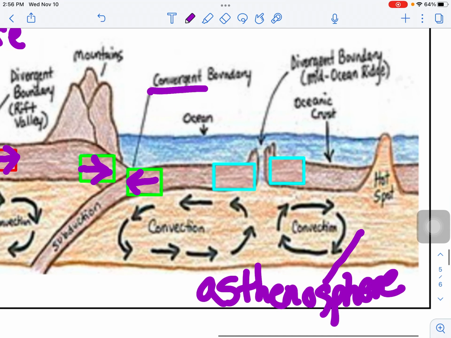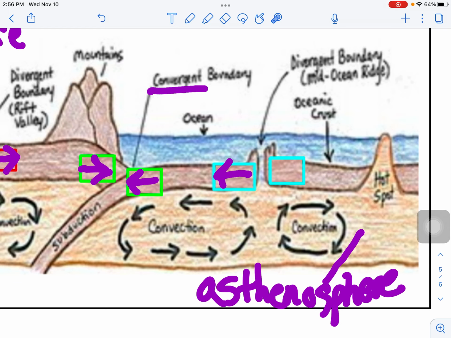Okay, taking a look at the next one. I know that this plate is moving up and over to the left. So I'm going to go ahead and put in my arrow. I know that one is moving left. And I know that this plate on the right, I can see that it's moving up and it's moving over towards the right.